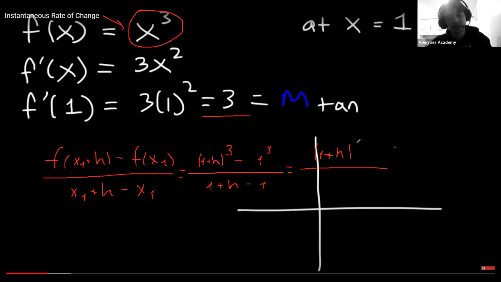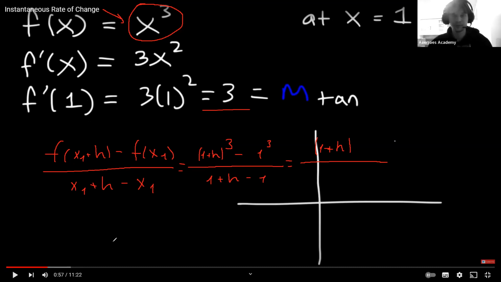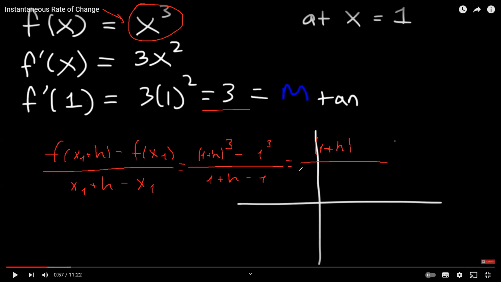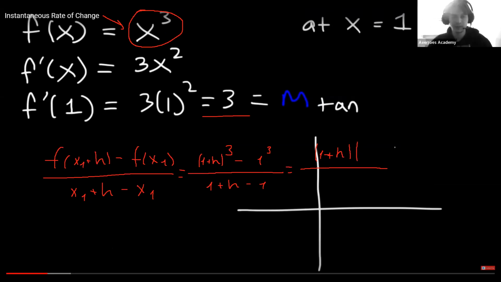Or you can expand it in another way, using the third power of a sum. Do you know this formula? Yeah, it's using Pascal's triangle. It would be 1, 3, 3, 1.